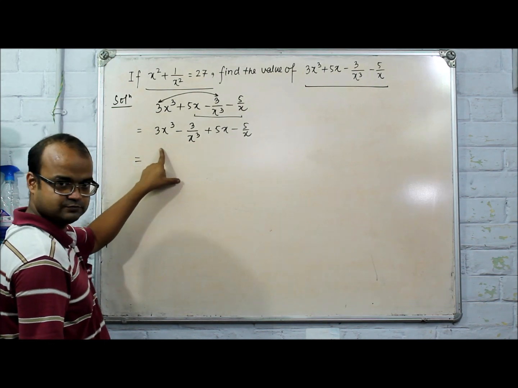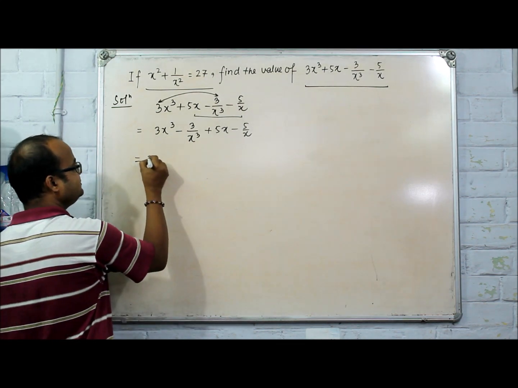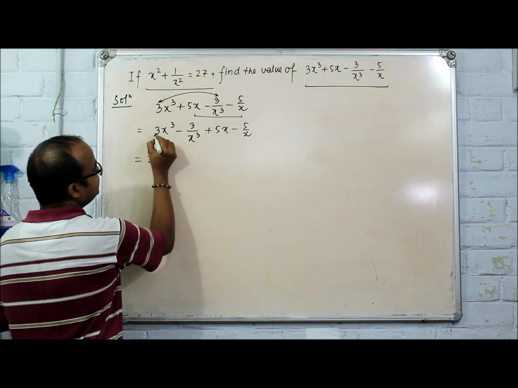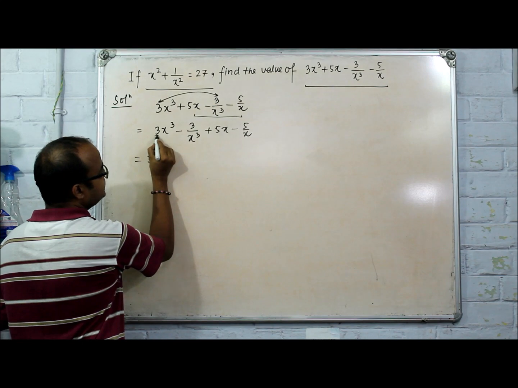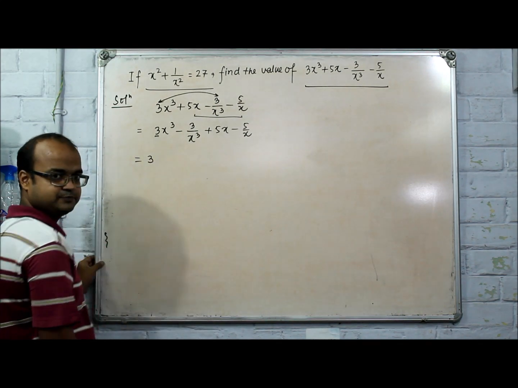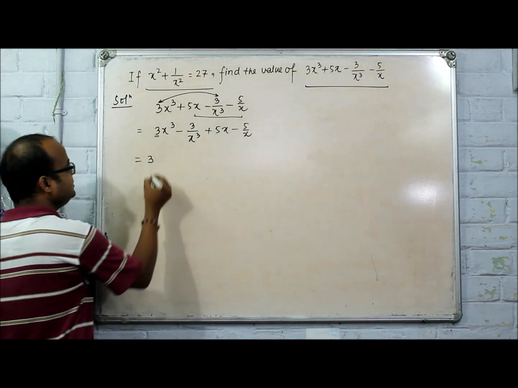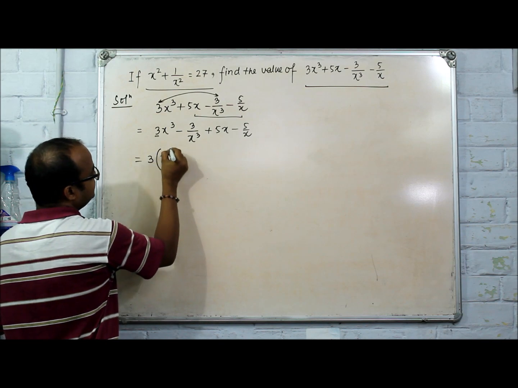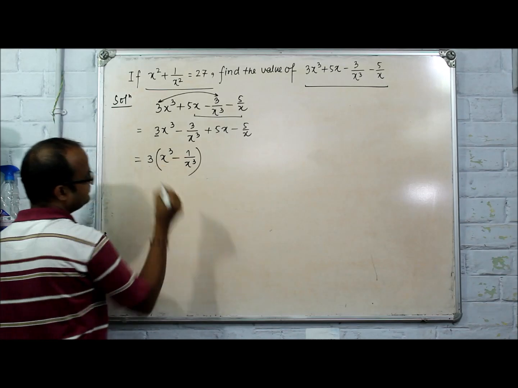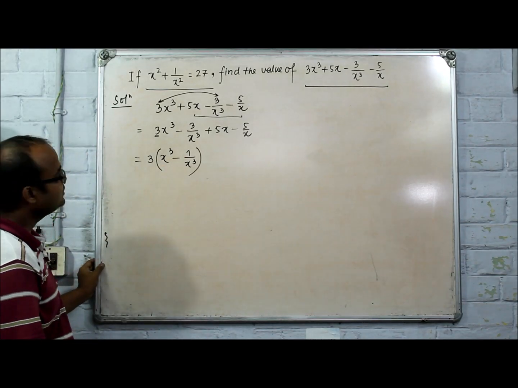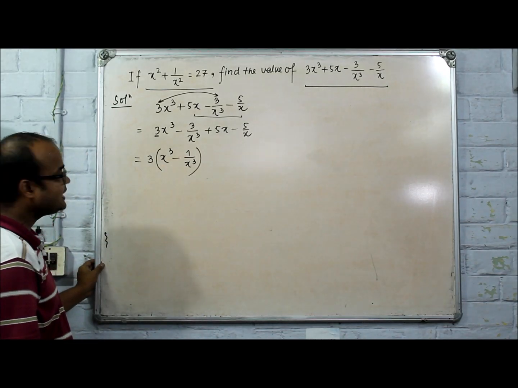Now, from these two, we can take 3 common. Now see, 3x cube minus 3 by x cube. So these 3s are in the numerator, so we can take 3 common. If you take 3 common, you will get x cube minus 1 by x cube. Clear?